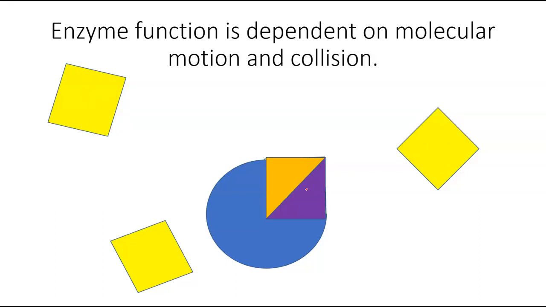And so the way that this particular collision has to act is the substrate has to bind correctly. You'll notice that all of those molecules were in constant motion. They created a collision. They aligned themselves correctly. The enzyme bonded to the substrate and therefore was able to catalyze the reaction.